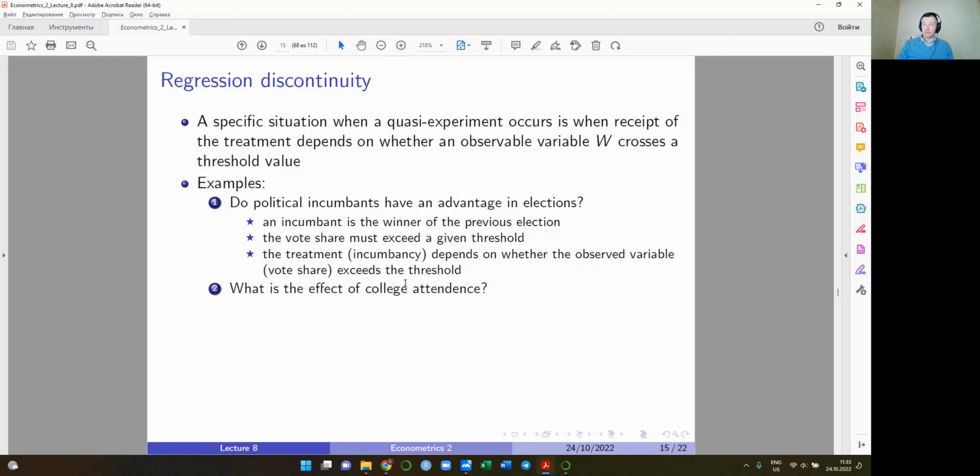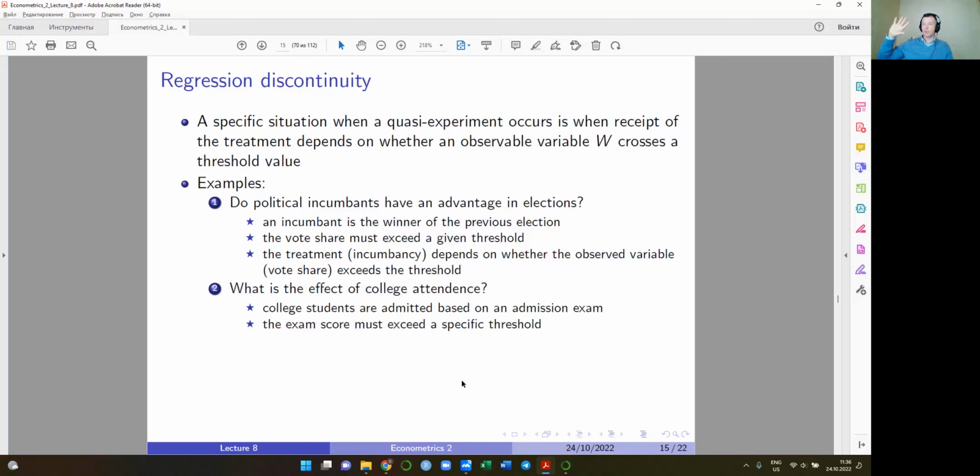Or another example: what is the effect of college attendance on your future income? The college students are admitted based on the admission exam, and in order to be admitted, you need to exceed some specific threshold.